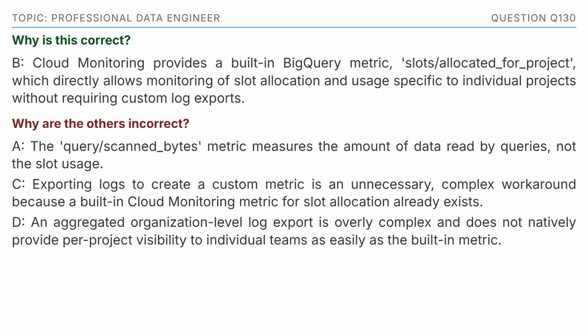A. The query/scanned_bytes metric measures the amount of data read by queries, not the slot usage. C. Exporting logs to create a custom metric is an unnecessary, complex workaround because a built-in cloud monitoring metric for slot allocation already exists. D. An aggregated organization-level log export is overly complex and does not natively provide per-project visibility to individual teams as easily as the built-in metric.